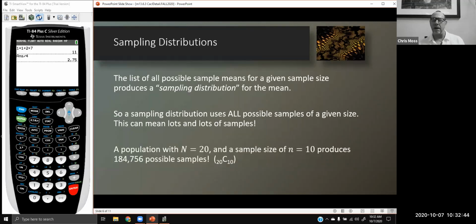Let me give you a quick example. Suppose we've got a population of size N equals 20, and we're going to take a sample of size little n equals 10. The order I pick these numbers does not matter when it comes to calculating the mean. You add them up, and addition is commutative. So if I take a sample of size 10 from a population of size 20, there are almost 185,000 possible samples that I might get.